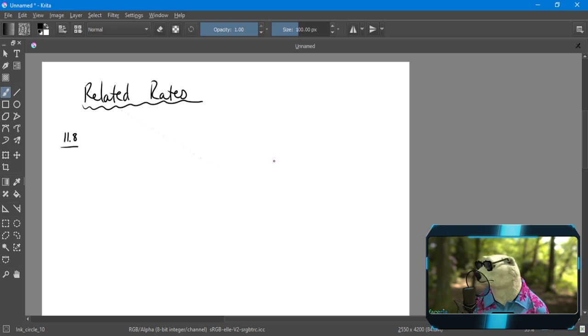11.8. So I want to picture a cone. So let's get a circle, a little flat circle for the base. And then the cone goes straight up to the center.